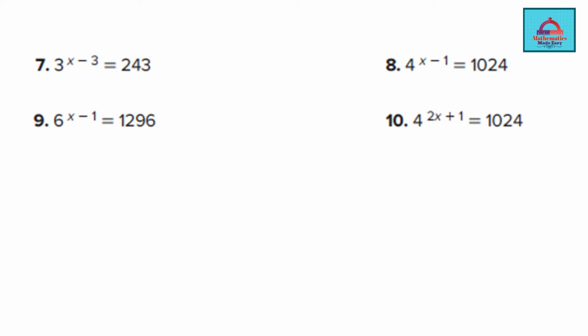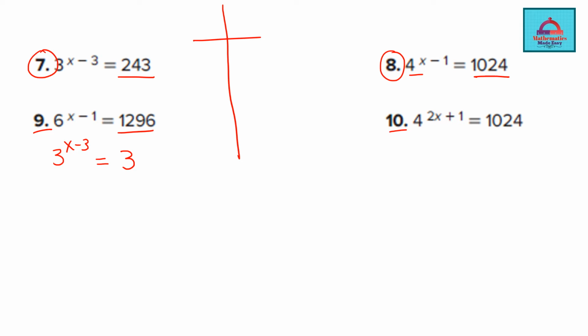Let's solve some more exponential equations. Here we are going to be solving question 7 and question 8, and then 9 and 10 you will solve yourself. So 3 to the power x minus 3, and by now you have understood that we have to write the big numbers as the same base which is given here. So we are going to do prime factorization of 243 with 3.